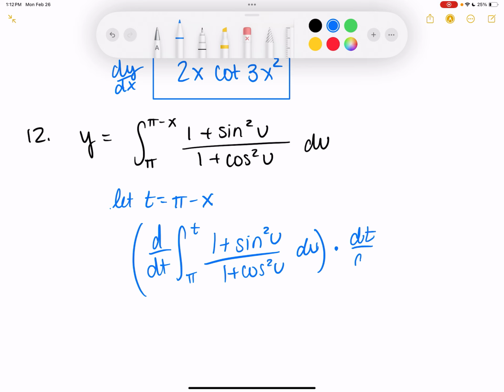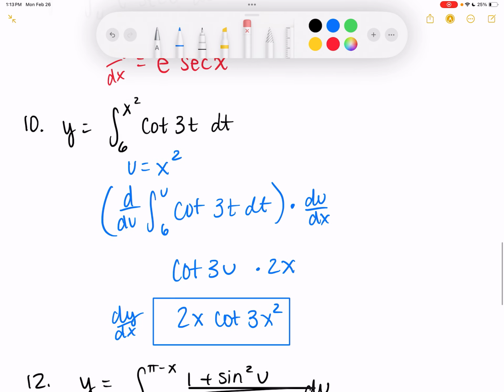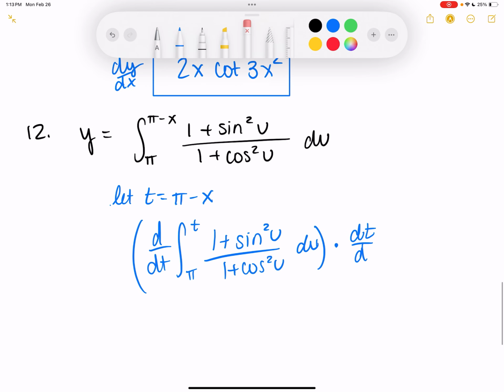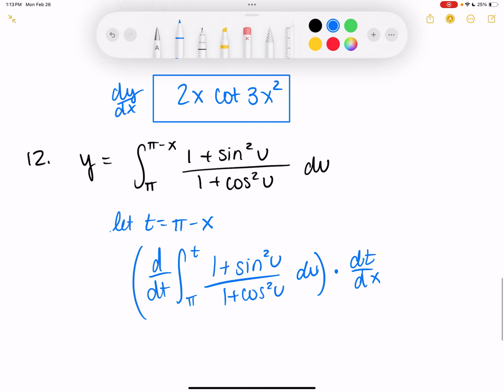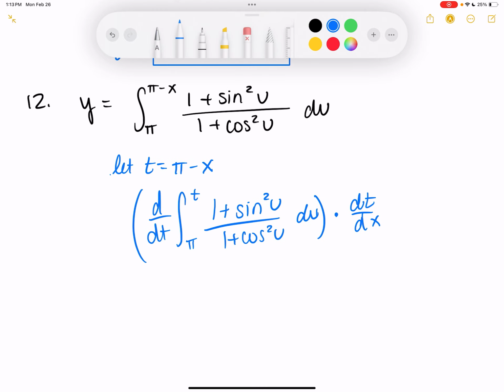Yes. There's too many variables happening here. Okay, dt dx. Yes. Okay, we're good now. When the letters start being different things, it's like, whoa, slow down. All right, now what?